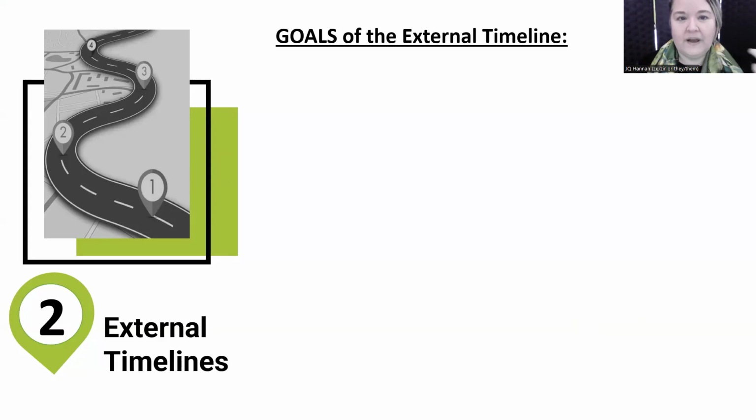If that's our audience, them plus everyone else who could possibly care about the co-op, including our potential lenders, our potential landlords, and our potential vendors, and we know it's going to be simpler, what are some of the potential goals of an external timeline? If we're trying to talk to that audience, what could it be doing for us? Why would we build one? If anyone wants to throw anything in the chat, I'm going to share some reasons, but I bet you can hit some of them. If anyone wants to, you don't have to.